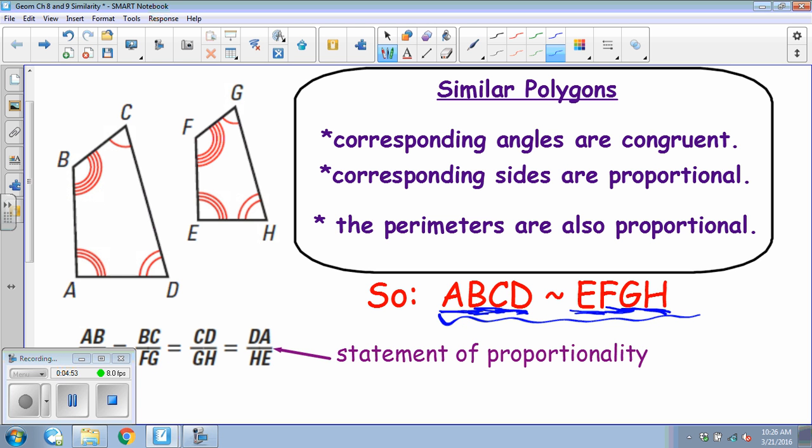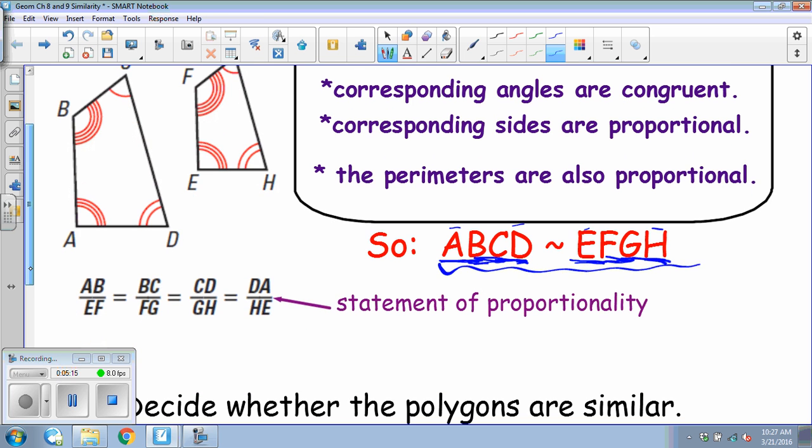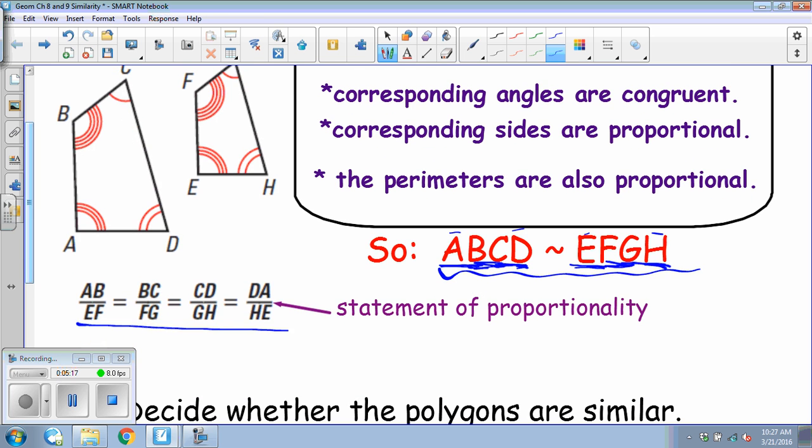And then the last one, AD corresponds with EH. Okay? So like I said, we could look at the similarity statement, and if they give you that, then you don't have to try to visualize, if I turn this and flip it, what matches what. Use the similarity statement to get what you need. All right? What we have right here is called a statement of proportionality. Okay, that's just telling us what corresponds with what.